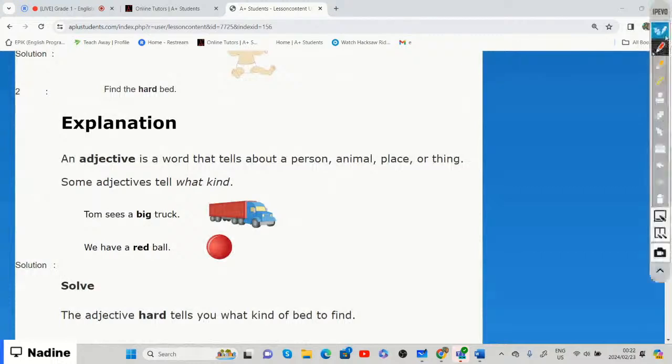So, happy tells us what kind of baby to find. Then it also says find the hard bed. Find the hard bed. What is our adjective within the sentence?